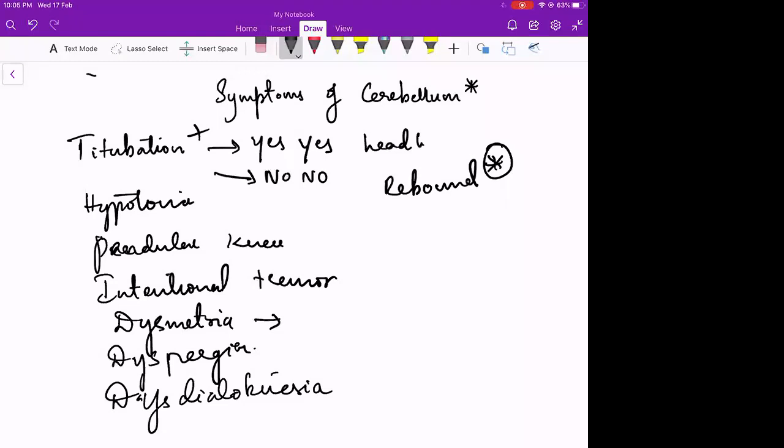You ask the patient to flex the arm towards his body, and you resist that with your hand. When you leave the hand, the body will normally try to control it, but in cerebellar disorders the patient will directly slap his face or his body. This is called the rebound phenomenon. And some patients will have nystagmus also.